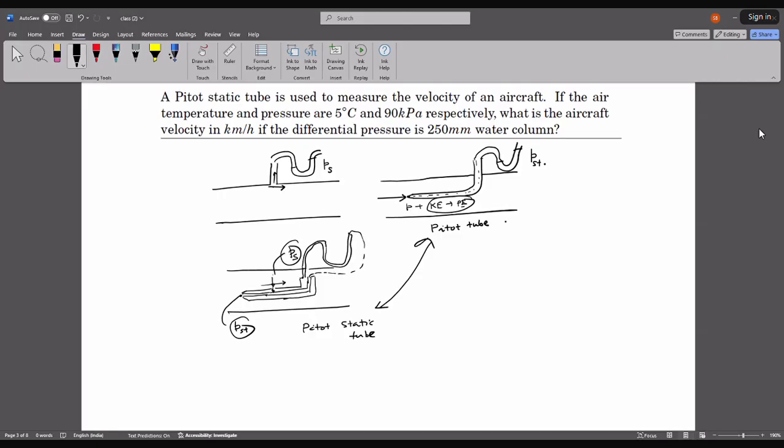So basically, on this side you have static pressure, on this side you have stagnation pressure. The difference between the two gives you the dynamic pressure.